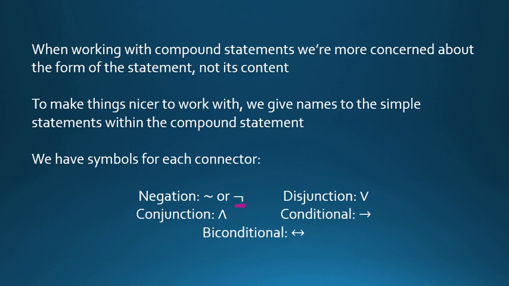It's a horizontal dash and then a little vertical line going underneath. The symbol for the disjunction looks like a V. The symbol for the conjunction looks like an upside down V or a caret. The symbol for the conditional is a right pointing arrow. And the symbol for the biconditional is a left and right pointing arrow.